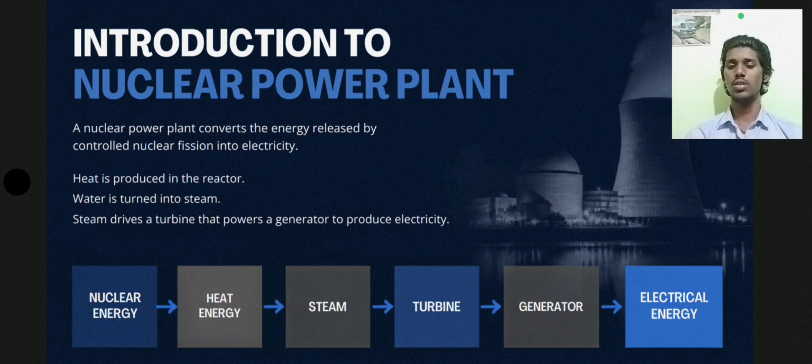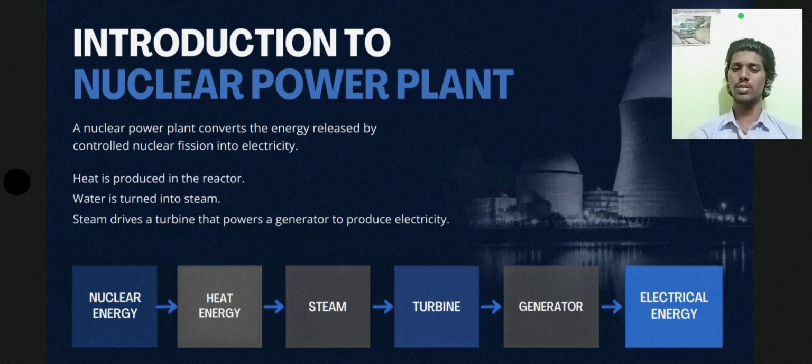Now you may wonder how it exactly converts the nuclear energy into electrical energy. This process is quite simple if we understand it step by step. There is a reactor. In the reactor, nuclear fission takes place. Because of nuclear fission, a large amount of heat is produced.